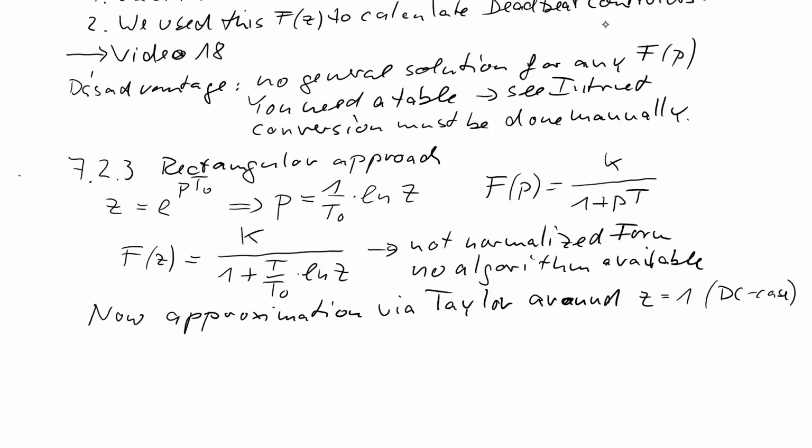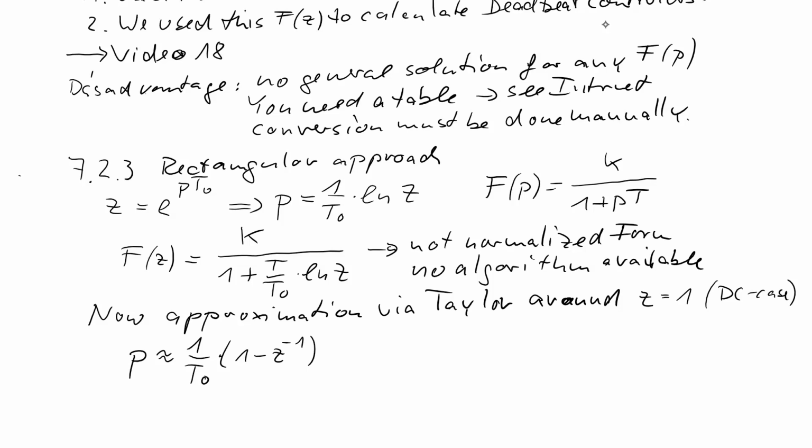So we start with a simple one, and the simple replacement is p roughly 1 over t sampling time, of course unchanged, and the logarithmic function can then be replaced with 1 minus z to the power of minus 1.